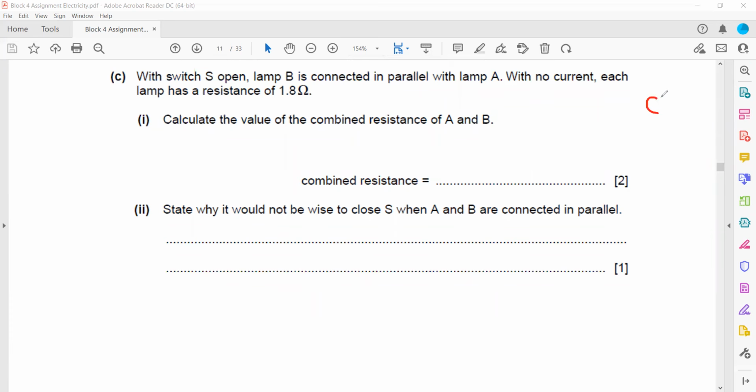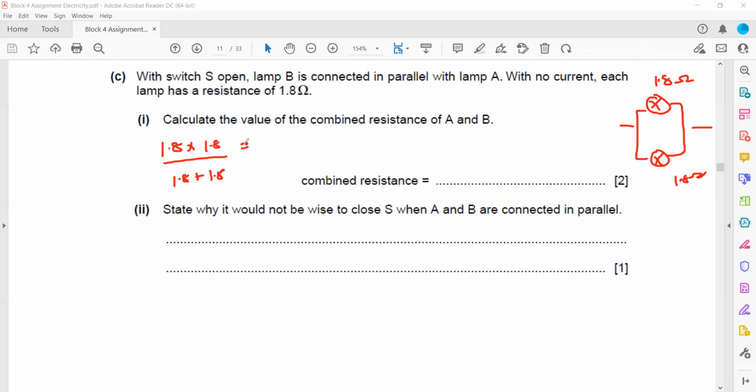So if we have two lamps, each of resistance 1.8 ohm, and they are connected in parallel, we want to find the combined resistance, so it will be product divided by sum. So 1.8 into 1.8 divided by 1.8 plus 1.8.